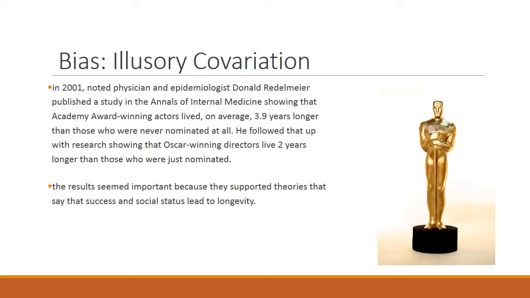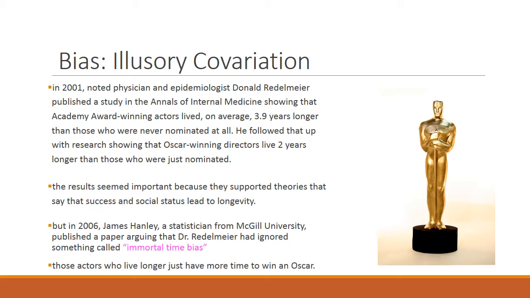And it seems like these results are important because it supports theories that success may lead to social status, and social status may lead to longevity in life. But another researcher said, well, that's not actually what's going on here. In fact, it's just those who live longer have more time to win an Oscar.